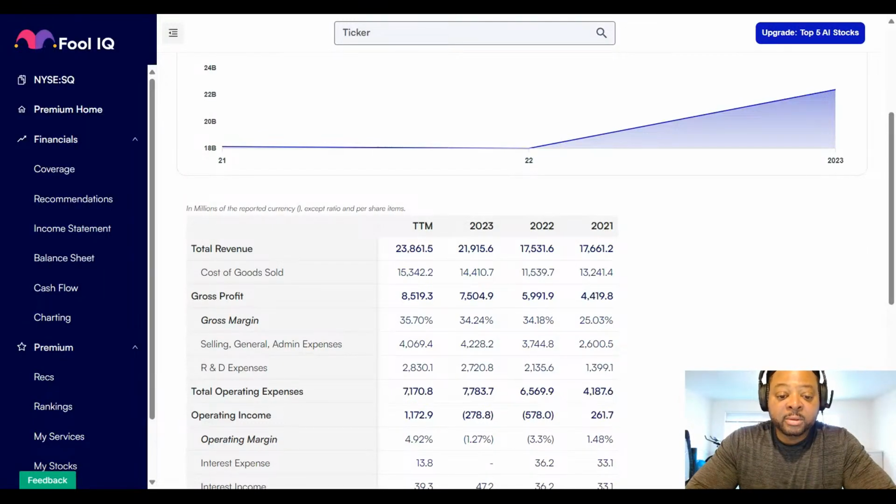And right now, that means right now, their revenue, because the year is not over yet, so this would be in 2024, year to date, right now, they grossed $23,861,500. Okay, that's the total revenue. So their revenue is growing. So you say, okay, are they investable?